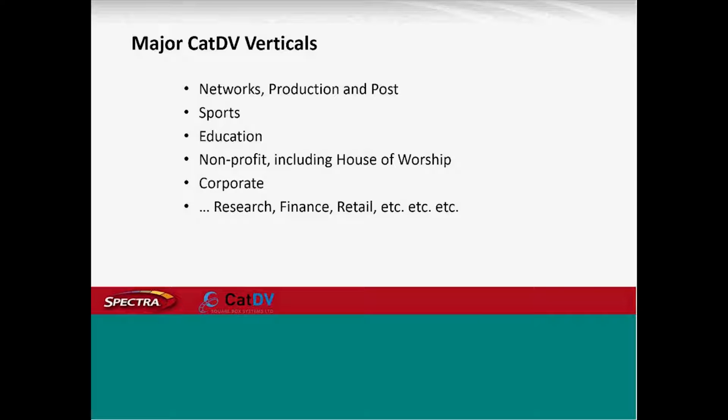And so we've become very successful in the sports world, education, non-profit, corporate, and really the list goes on, because everybody is using media and video media to try and engage their stakeholders. So pretty much any vertical can make use of CatDV.